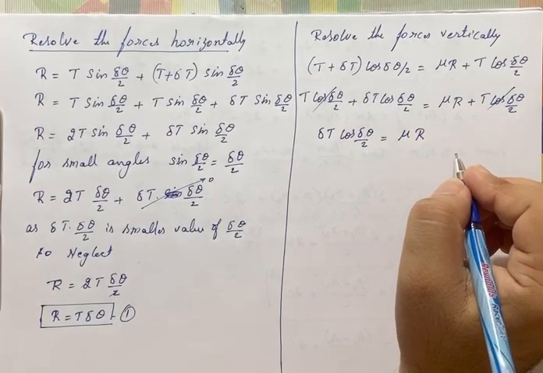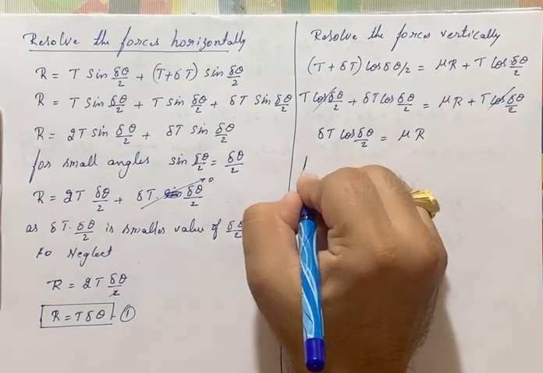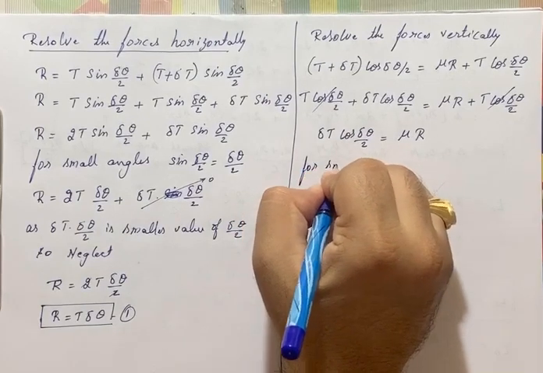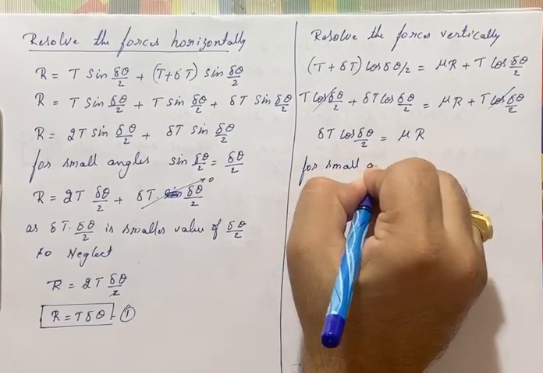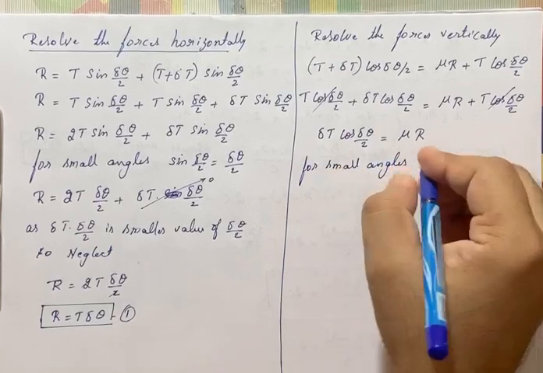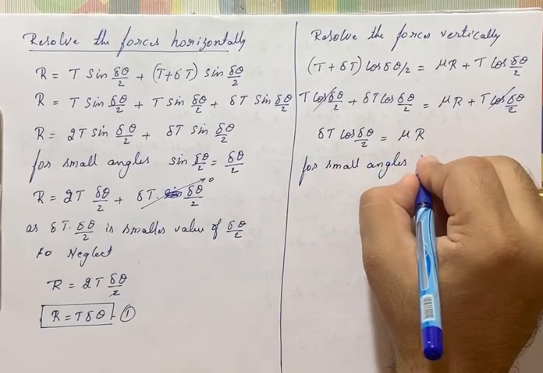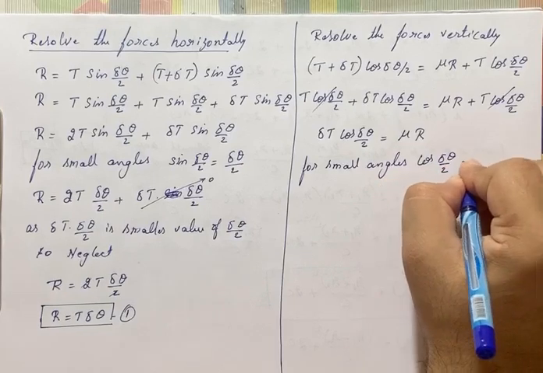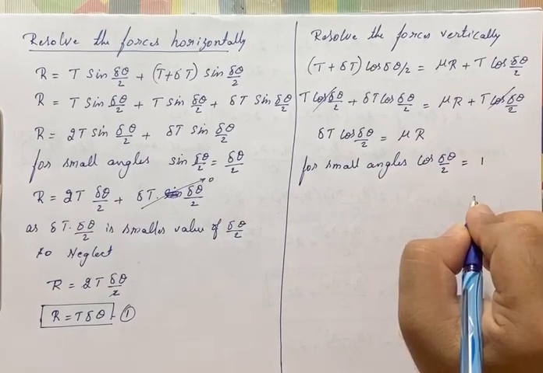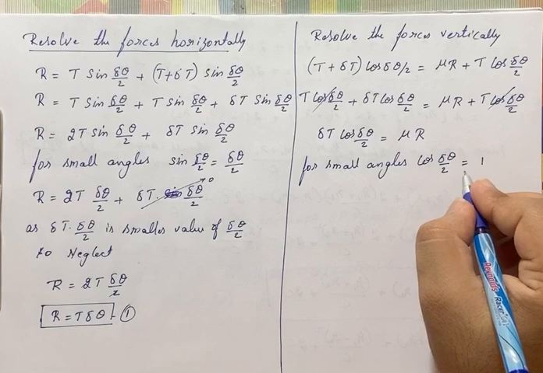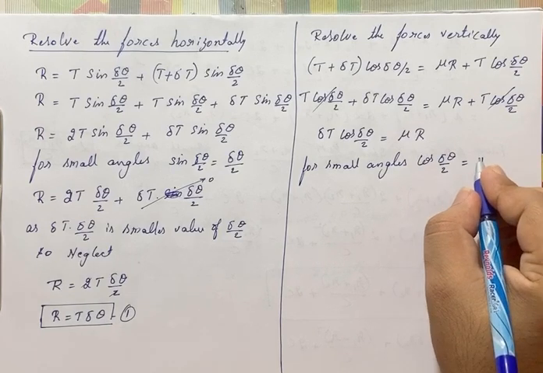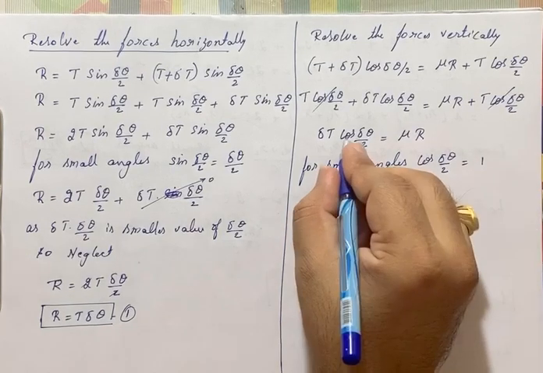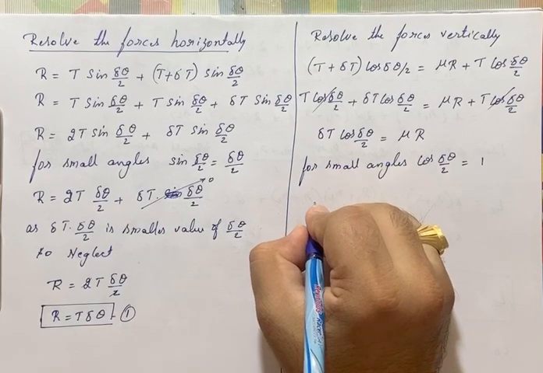Again, for small angles, cos delta theta by 2 is equal to 1. So in place of cos delta theta by 2, I can write 1.